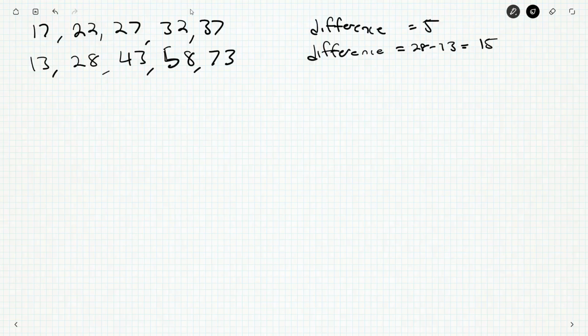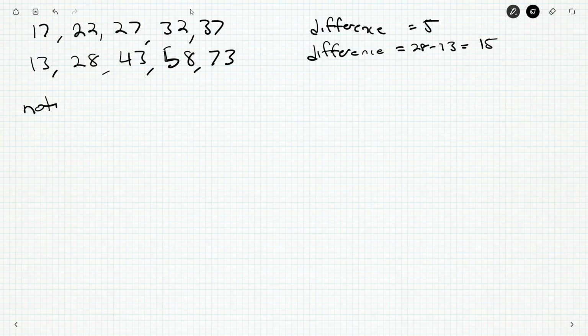The thing here is 15 and 5, these are both multiples of, they have a non-unit greatest common divisor. So the thing that we need to note is these guys are going to have sort of the same remainder when we divide by 5.